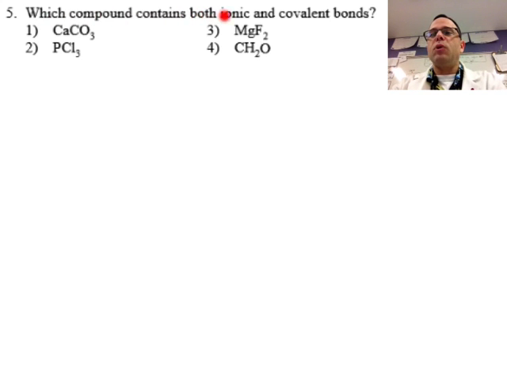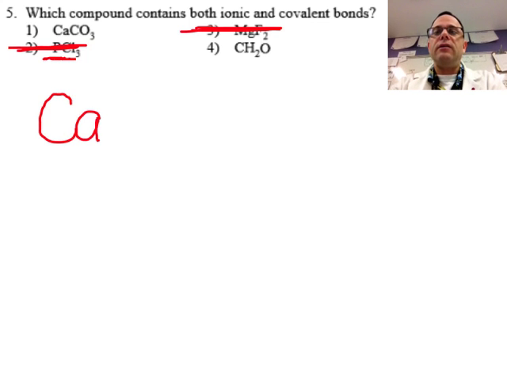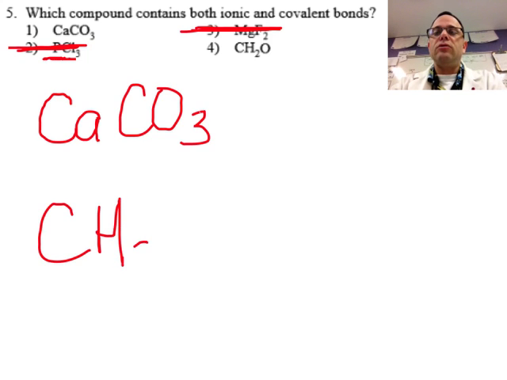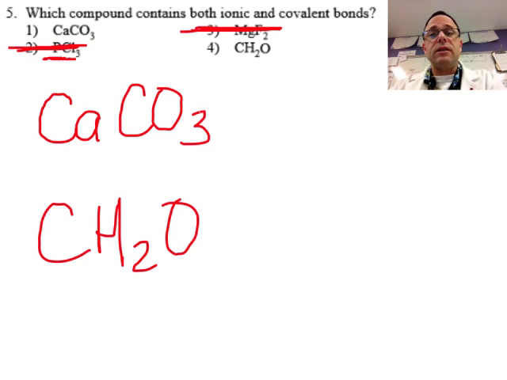So 5 is a similar question. Which compound contains both ionic and covalent bonds? Let's shoot to the ones that cannot be the case. Choice 2 has just 2 different elements. Choice 3 has just 2 different elements. So we're stuck between choice 1, which is CaCO3, and CH2O. Each one of these contains 3 different elements. But my attention is drawn to this one. Carbon, hydrogen, and oxygen. They are all nonmetals.